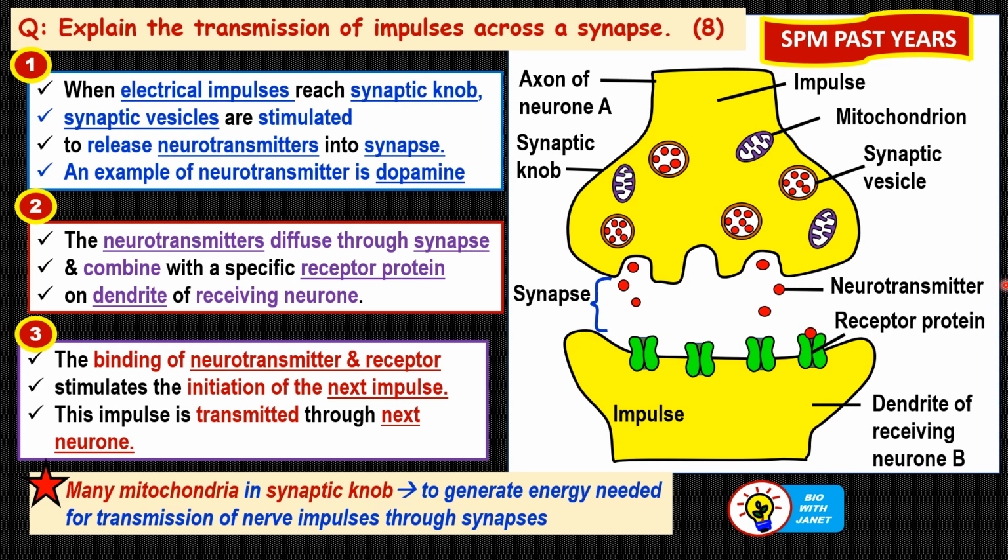Right, so now let's look at an animation of what we have discussed. Just look at the picture here and we will look at the animation. So the first step is when the electrical impulse arrives at the synaptic knob. The synaptic vesicles are stimulated to release neurotransmitters into the synapse.